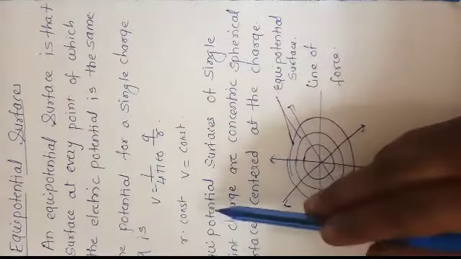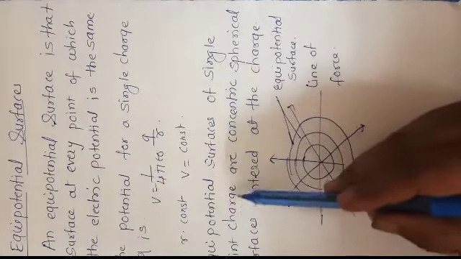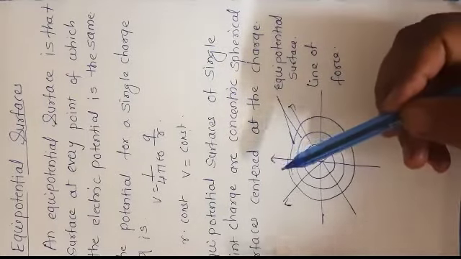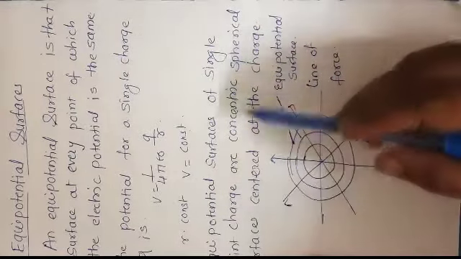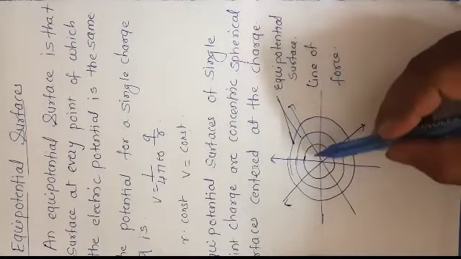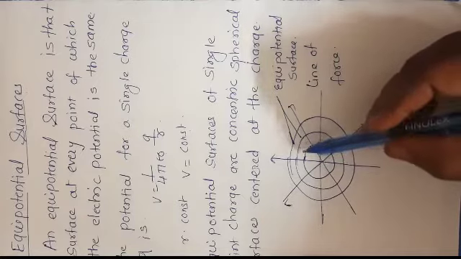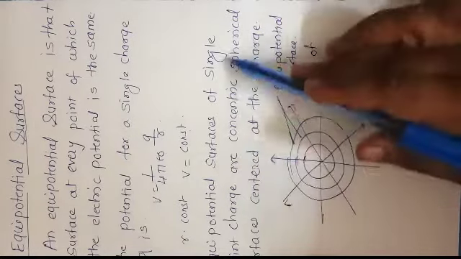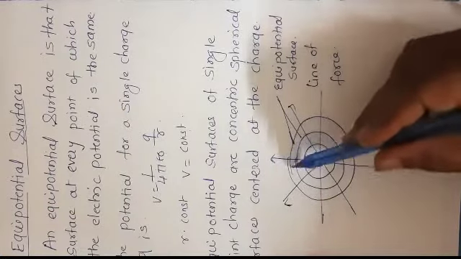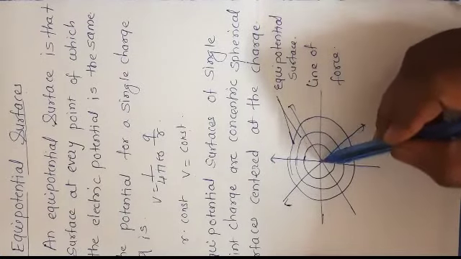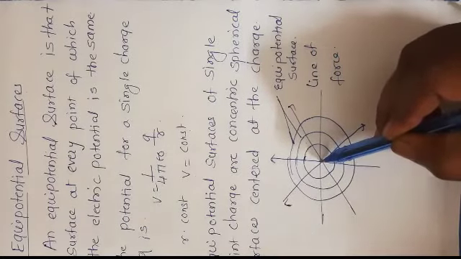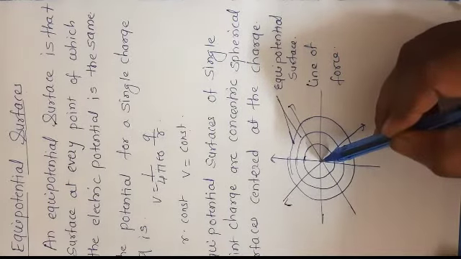Hence the equipotential surfaces of a single point charge are concentric spherical surfaces centered at the charge. Equipotential surfaces can be drawn through any region.